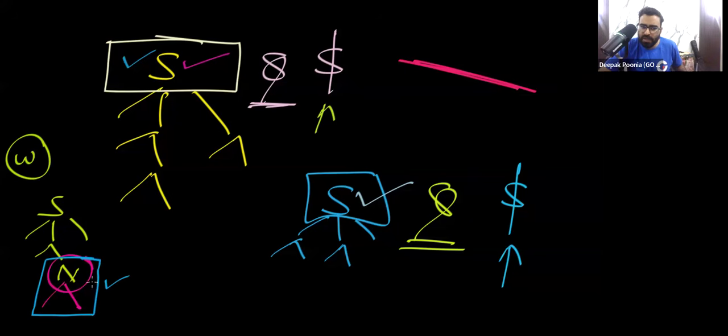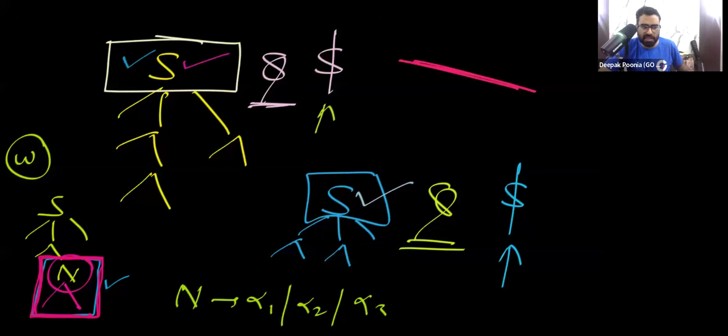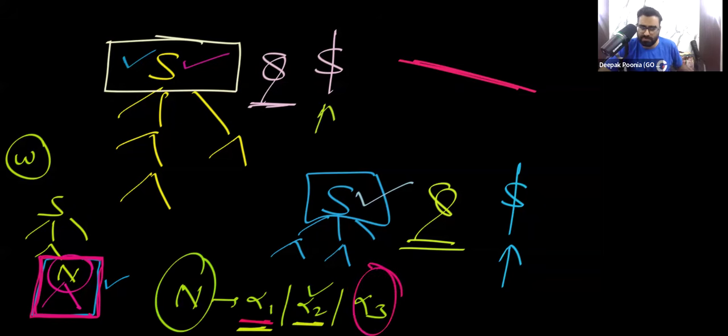If its production is successful, then it will never try the next production. Let's assume n goes to alpha 1, alpha 2, alpha 3, and let's assume alpha 1 is unsuccessful and alpha 2 is successful. Then this n will never try alpha 3. So basically, this n only cares about its local success. This n will say that my alpha 2 production is successful, so I will never try the remaining productions. Very simple.